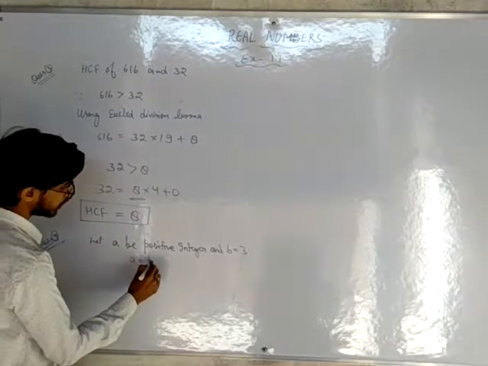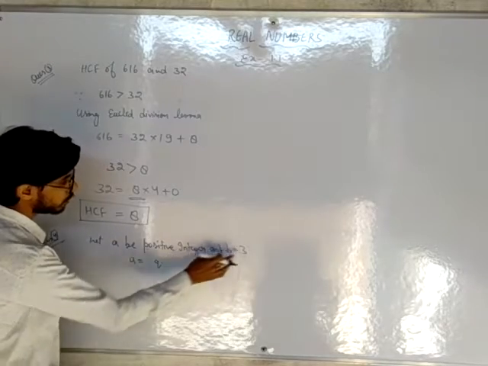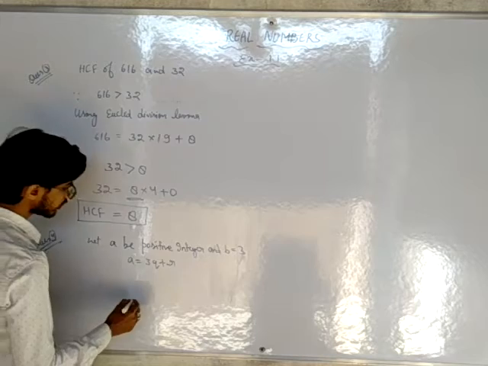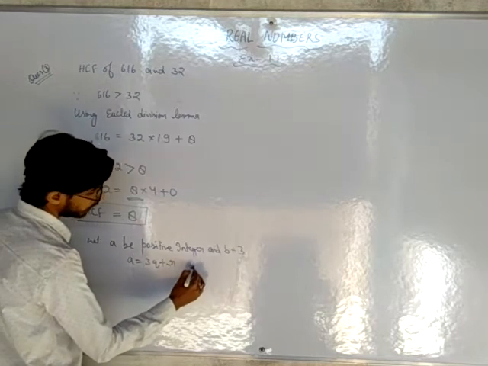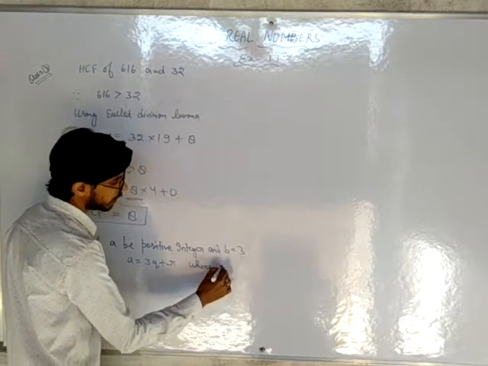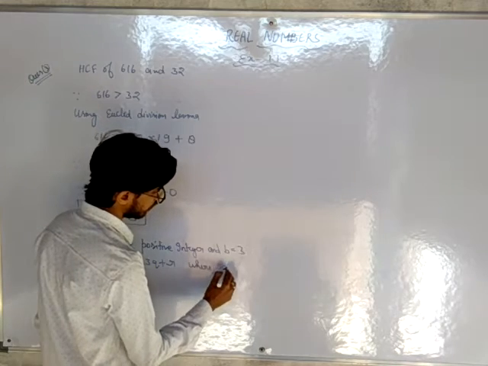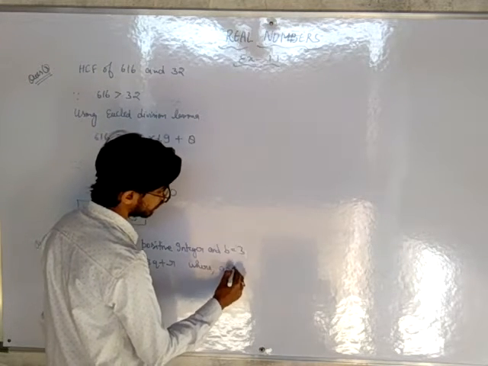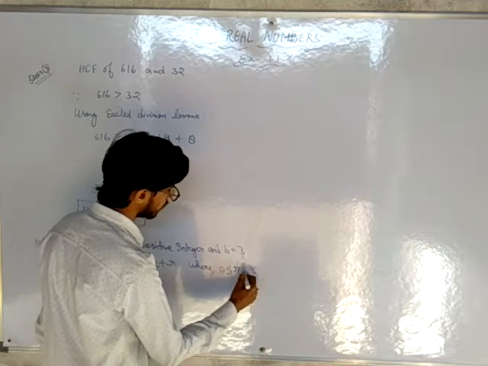for that a is equal to bq plus r, b is 3, so 3q plus r, where r is greater than or equal to 0 and less than 3.